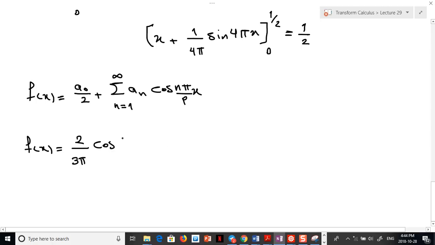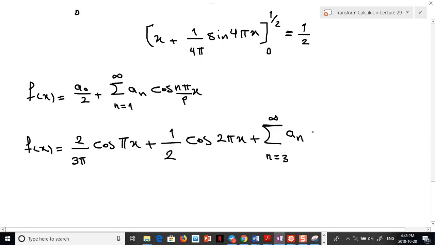Plus A2, we found it, A2 is here, it's half, cosine with n as 2, so it's going to be 2 pi times x, plus, and for the rest we have the summation of a_n from 3 to infinity, cosine n pi over p x.